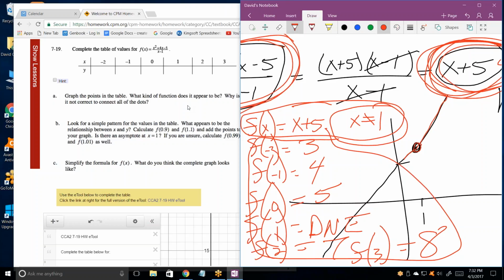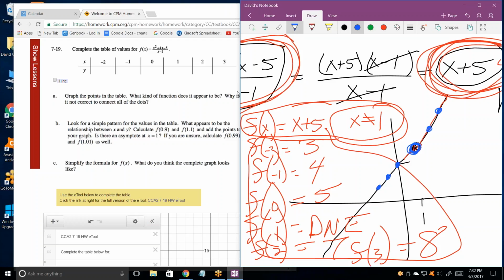In other words, you would have ended up with a bunch of dots based on this table. F of minus 2 was 3, f of minus 1 was 4, f of 0 was 5, f of 1 did not exist, so it was a hole, f of 2 was 7, and f of 3 was 8.